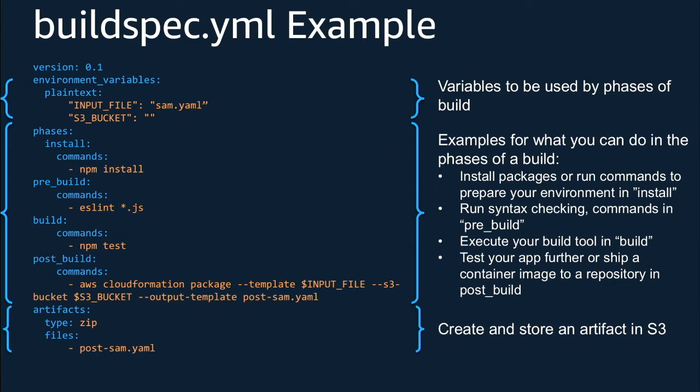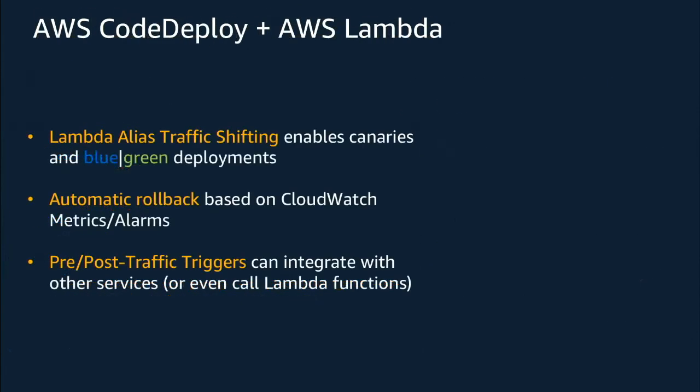In the actual build phase, run some tests. And when everything is fine, go and build the artifact. In this case, it's using the CloudFormation package command to actually create a zip file, the artifact of your function. So you can customize this, of course. If you're using Java, if you're using Python, this will look a bit different. But the idea is that you can automate and provide all the different steps in your CI/CD pipeline.